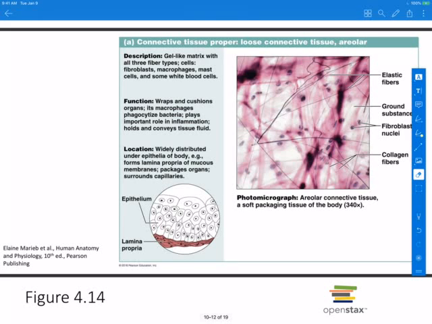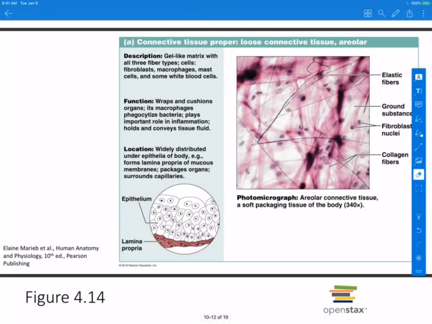So in this image you can see that the connective tissue proper has a gel-like matrix, shows up as a light color. It's got three fiber types. It's got collagen fibers, it's got elastic fibers, and it has reticular fibers.